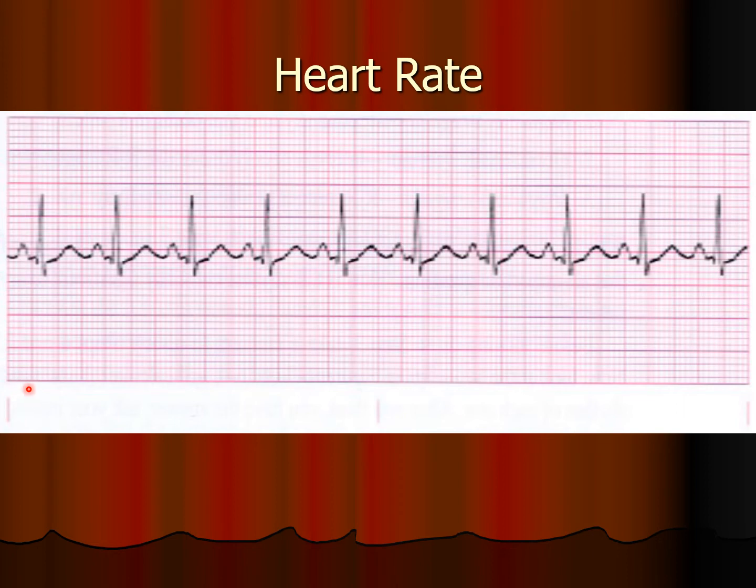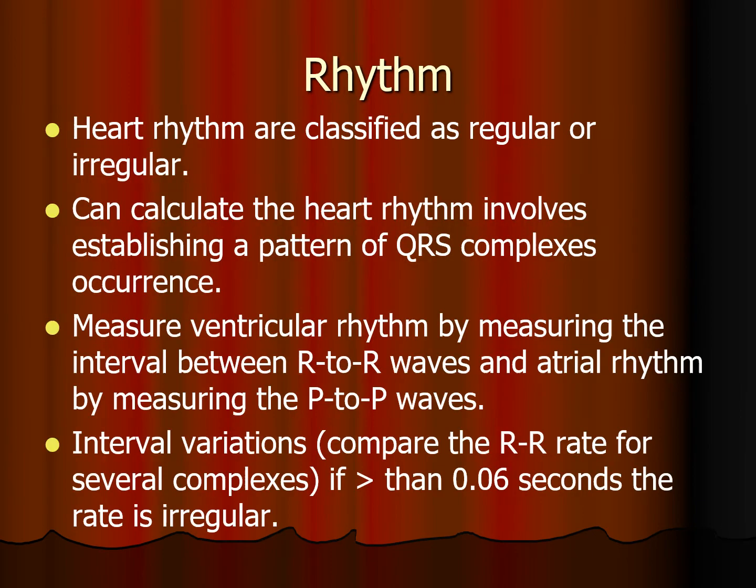But if you ever want to confirm that, 1, 2, 3, 4, 5, 1, 2, 3, 4, 5, 1, 2, 3, 4, 5. Yeah, that's 3 seconds right there. Okay, so 1, 2, 3, 4, 5, 6, 7, 8, 9, 10. So heart rate's about what? 100? That's about right to me.